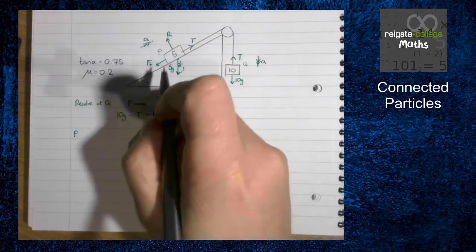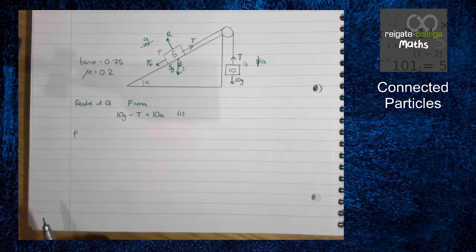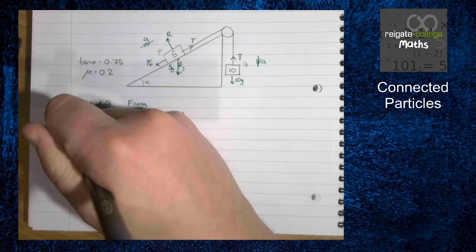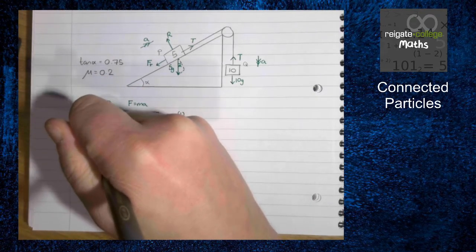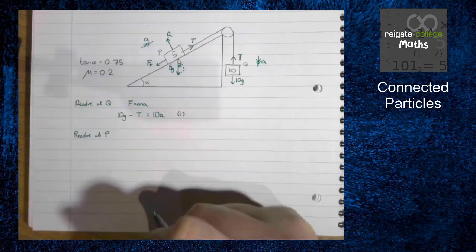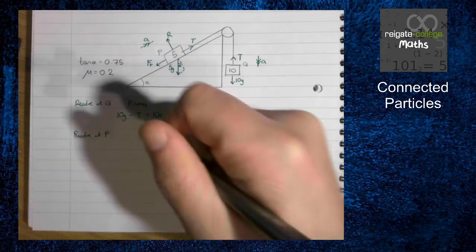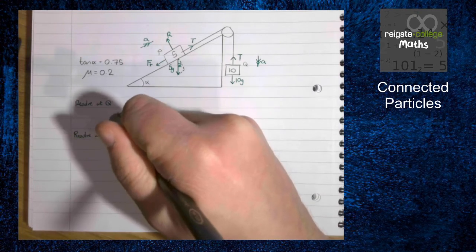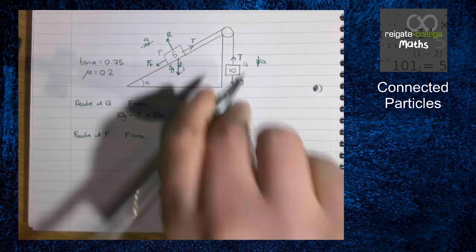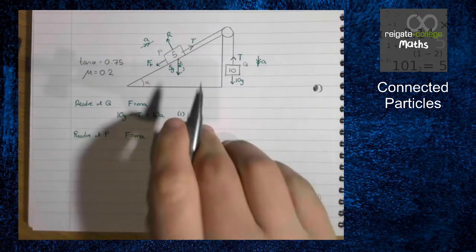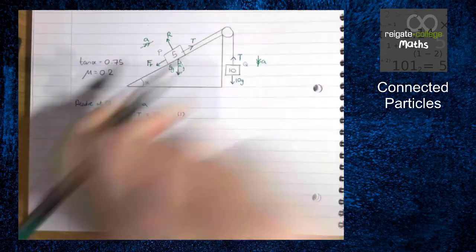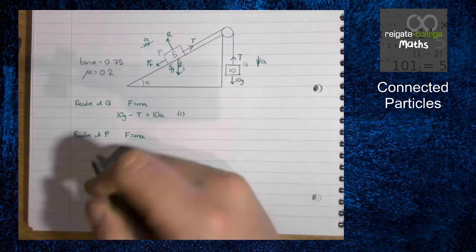P gets a little messier, which is to be expected. There's a lot more forces going on. So let's have a think. Which force is the biggest? Well, it's moving this way, so tension is the bigger force.